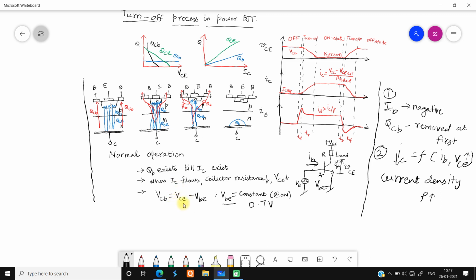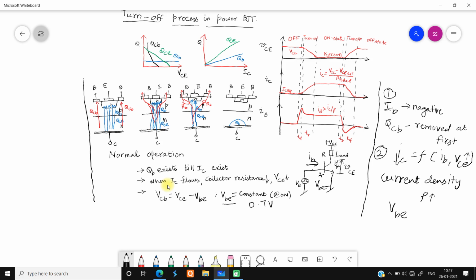Since VCE is increased, this particular VCB will be forward biased as in normal operation. Since the off operation of the device has started, this balance will be disturbed. So this VBE will go negative as VCB decreases. Since VCE is increasing, the VBE should be negative in order to maintain this voltage. So the VBE will be reduced.